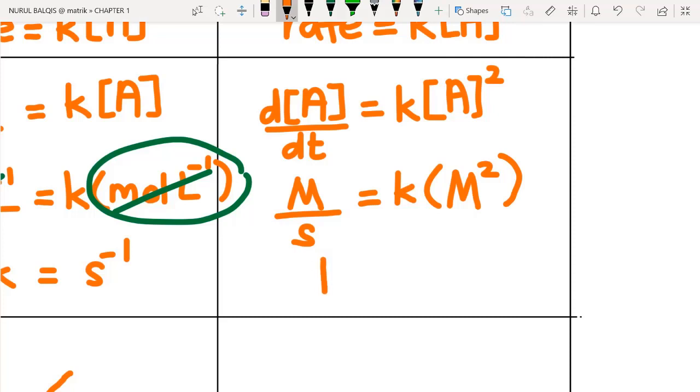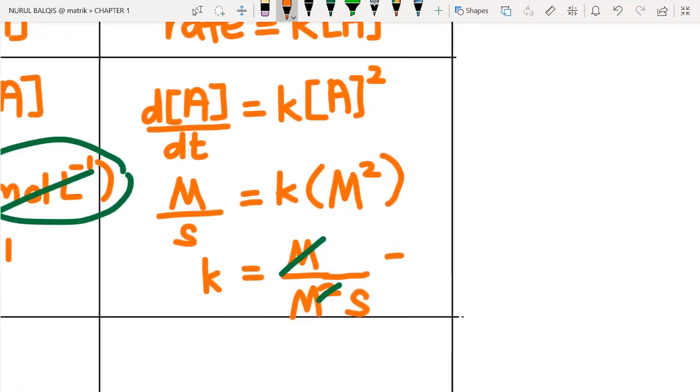So by bringing this k to one hand side, and everything else to the right hand side, we're going to have molar divided by molar squared, second. Then we cancel out this molar and also one of this molar, so our final unit will be per molar per second.